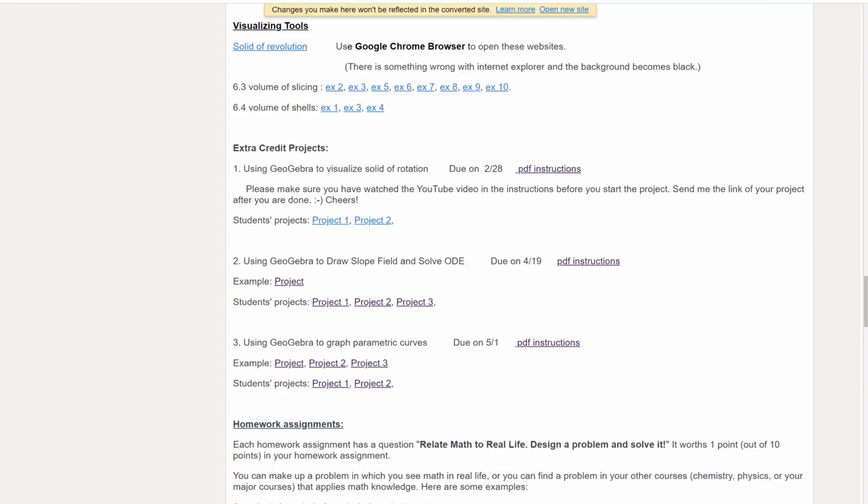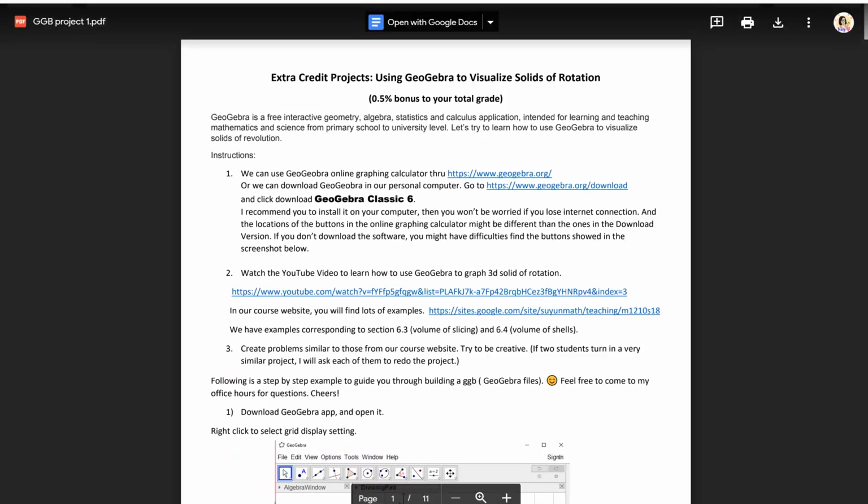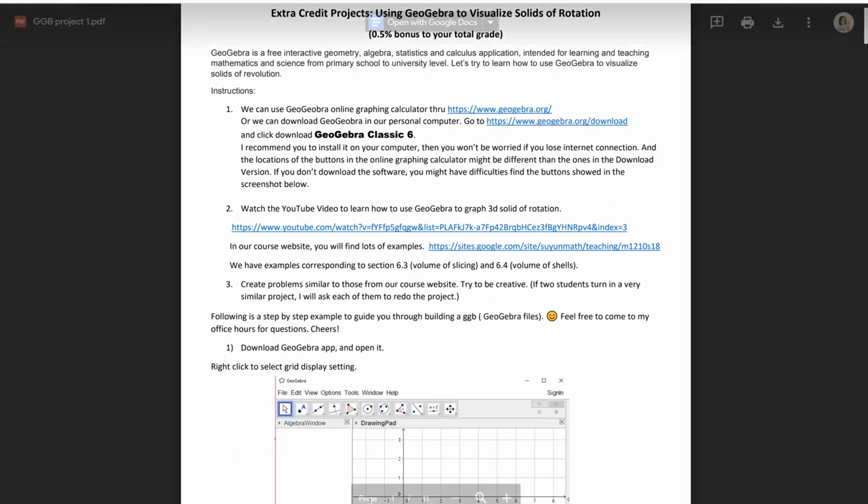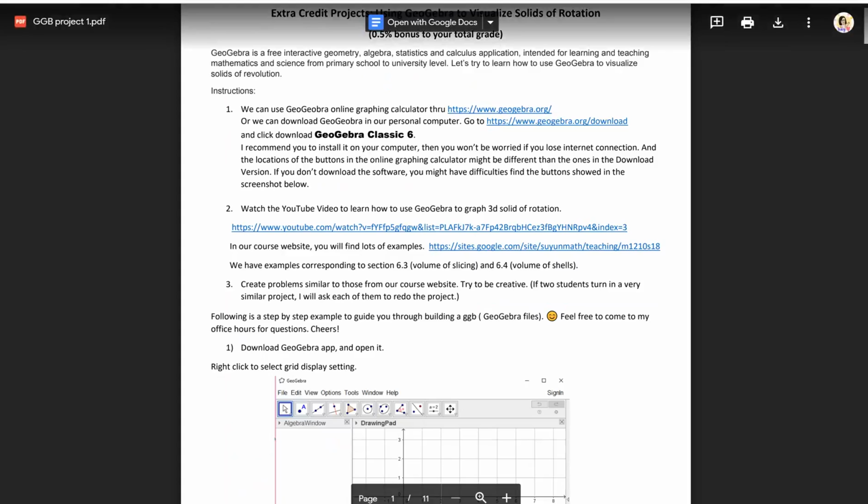So the PDF instructions are here. Please go to this website and download GeoGebra Classic 6. Don't use the online graphing calculator, because some students told me that the buttons there are different from the ones I show in my pictures. So please download GeoGebra Classic 6.